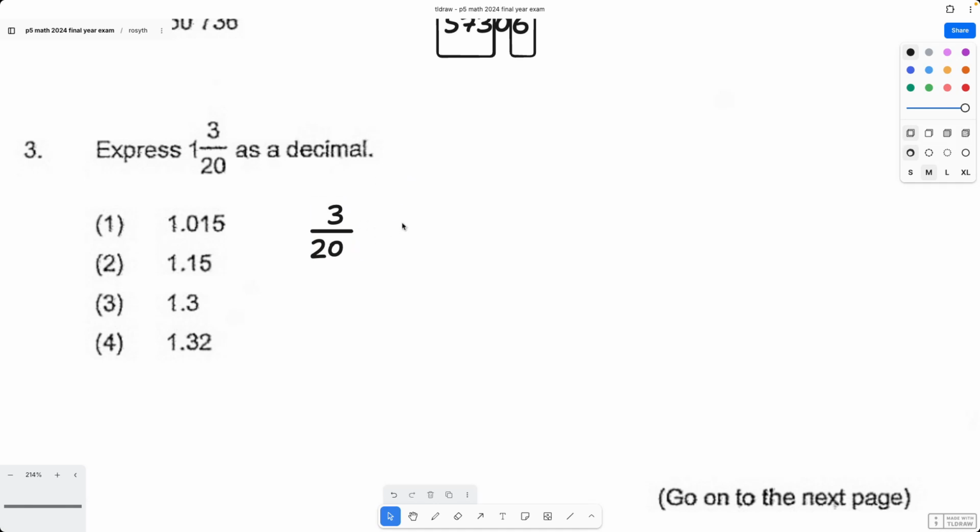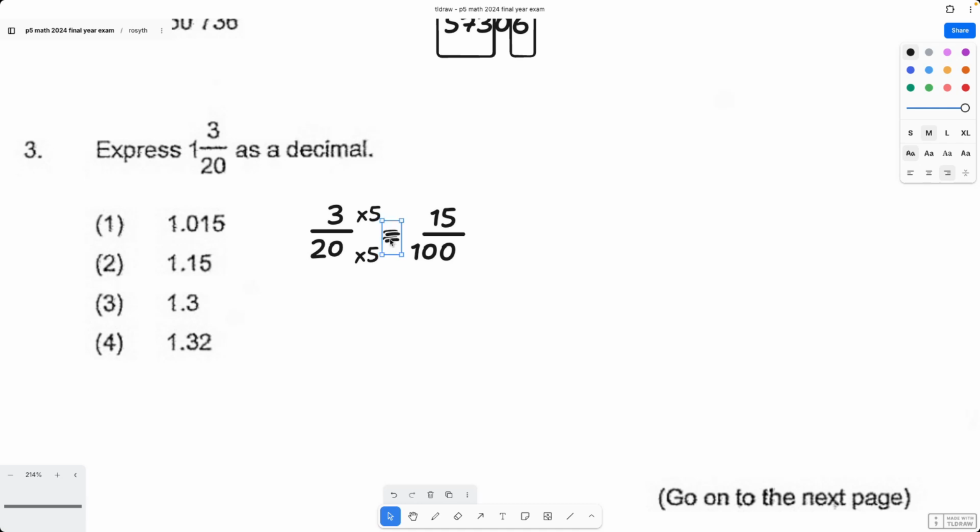So it won't be 3 out of 20, but something out of 100. From 20 to 100 for the denominator, we multiply by 5, and then we also multiply the numerator by 5. So that means this is 15 out of 100.